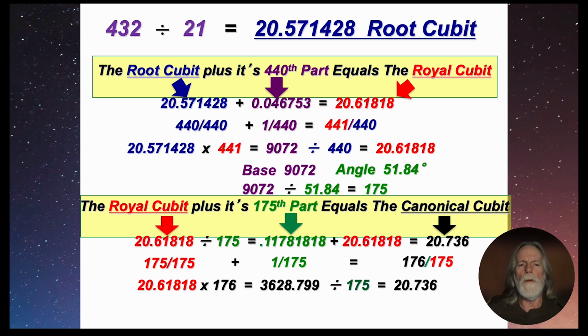The root cubit plus its 440th part equals the royal cubit. 20.571428 plus its 440th part of 0.046753 equals 20.61818 inches. Now the canonical cubit and the geographic cubit are obtained by adding their 175th part.